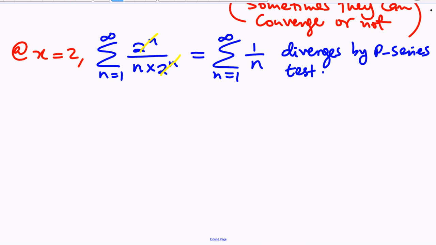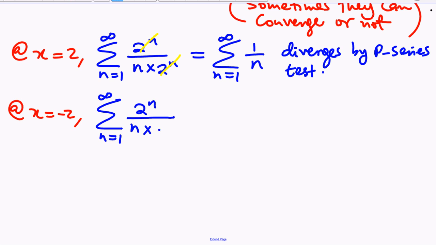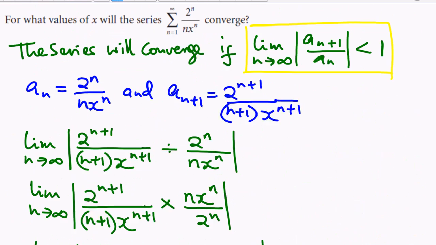And at x equals -2, we can check that as well. So our series will be 2 to the power n over n multiplied by -2 to the power n. You just plug in whatever x is into the original series.